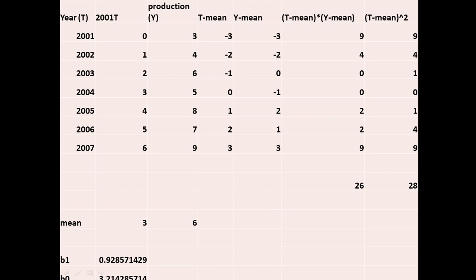We multiply them with each other, and finally we find T minus T bar squared. It's a simple example. And we find the mean of Y and the mean of T. Finally, we find the B1 and B naught.